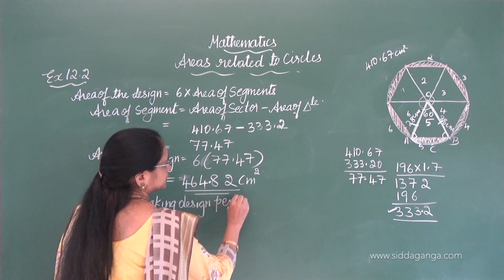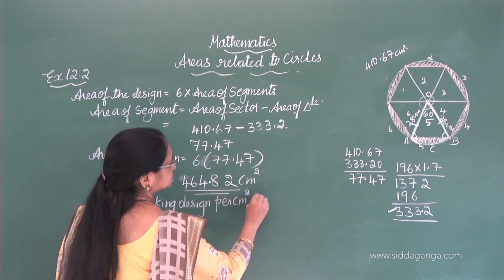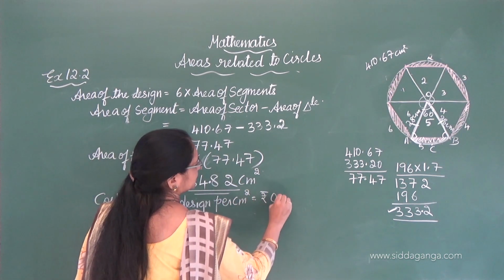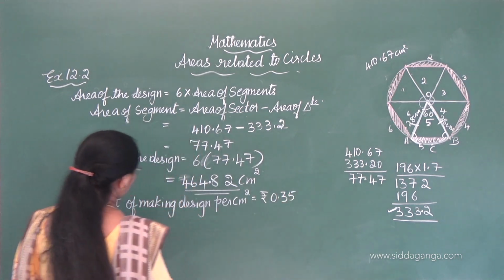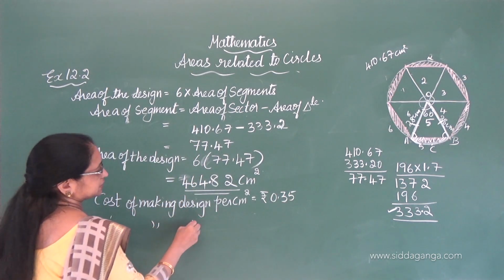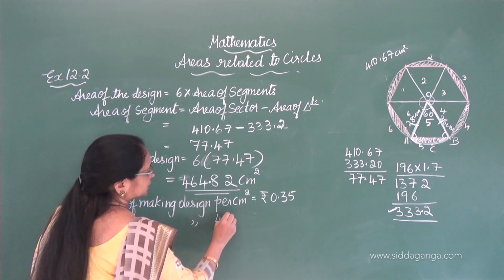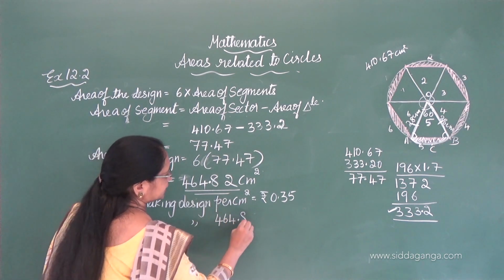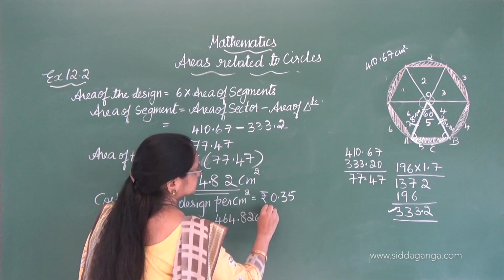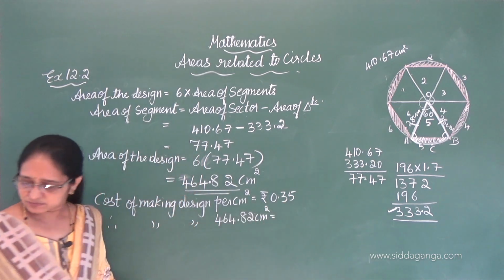Per centimeter square is how much? Rupees 0.35. Therefore, cost of making the design for 464.82 centimeter square is how much? You have to find out now.